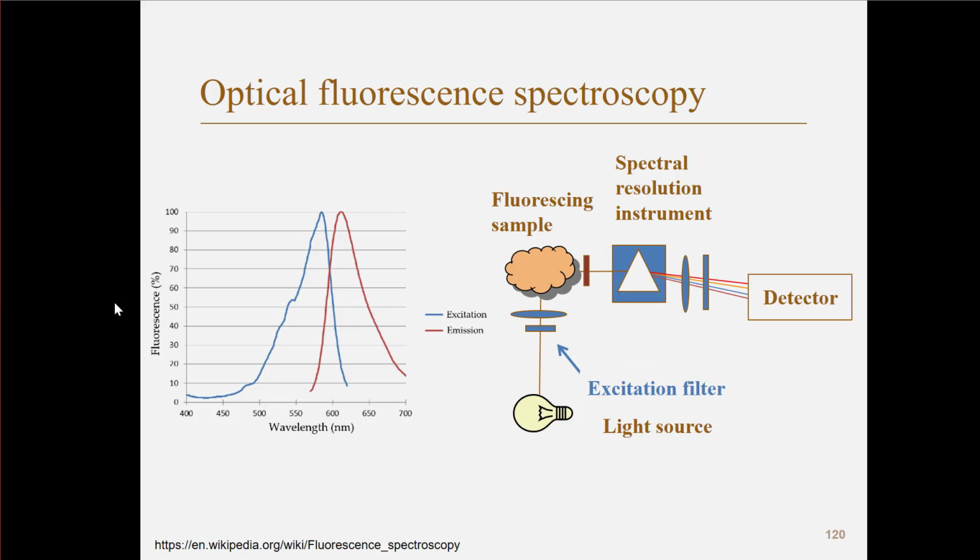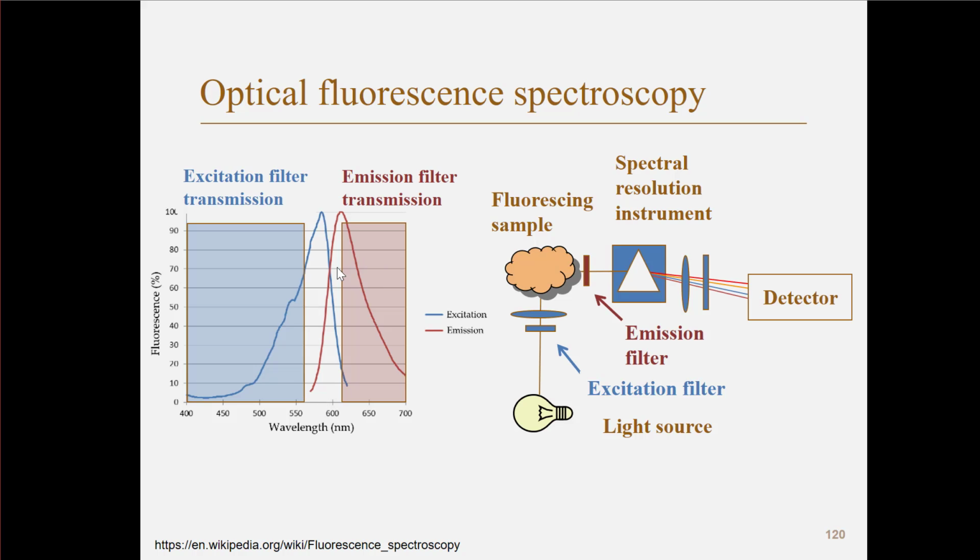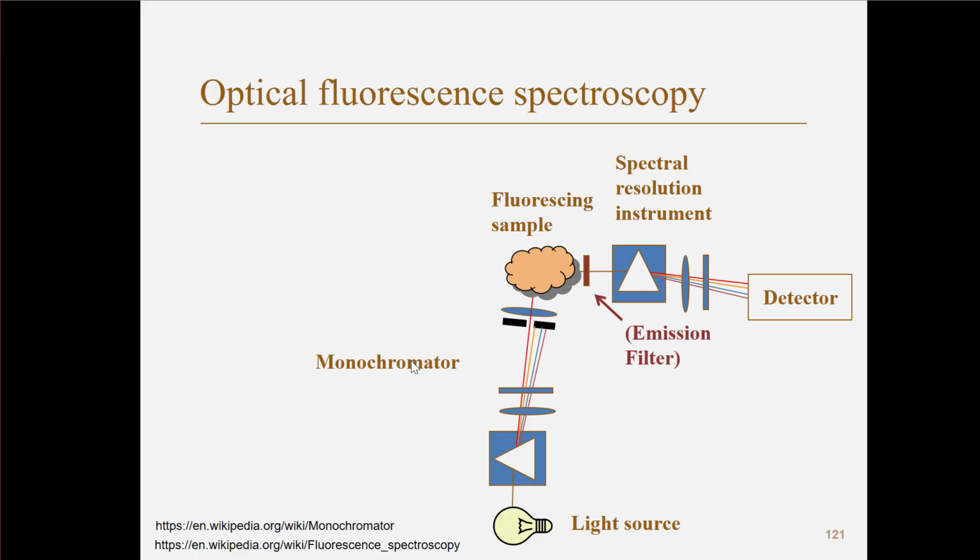So if we look in our diagram over here, then the excitation filter will have a transmission like this, and then the emission filter will have a transmission something like that. So that means we excite over here, and then we look at the transmission. This emission filter blocks the excitation light, and you can only see the fluorescence coming out.